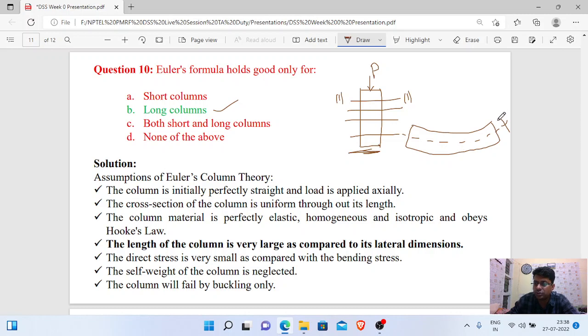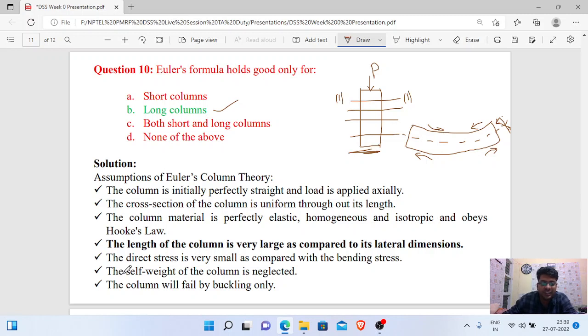Its stress distribution is like this: compression here, tension here, and compression here. The stress generated here is the indirect stress or bending stress, and here we get the direct stress.